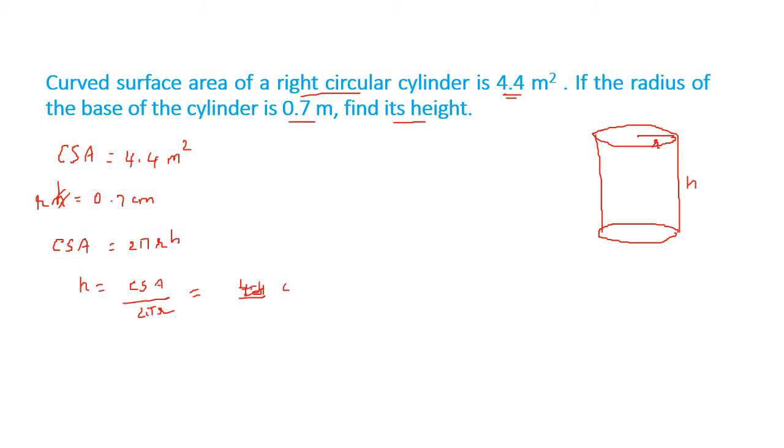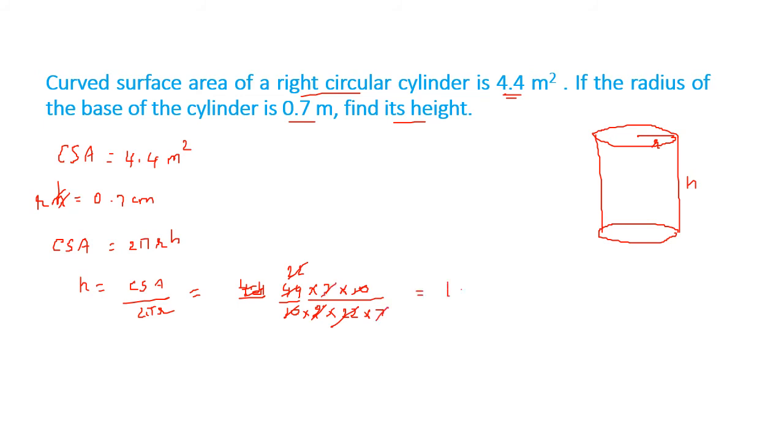I'll write it as 44 upon 10 upon 2 into pi, which is 22 upon 7, into R. R is 7 upon 10. 10 and 10 get cut, 2 1s are 2, 2 22s are 22, 22 and 22 get cut, 7 and 7 get cut.